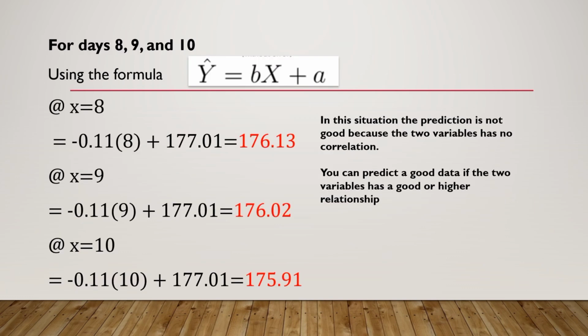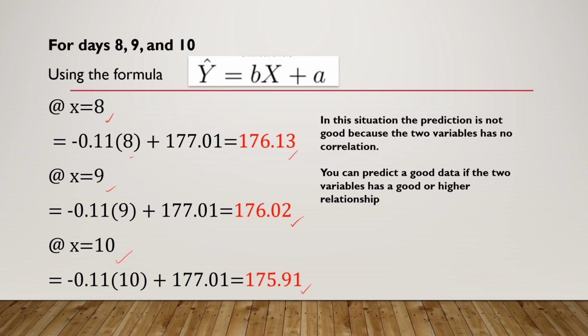Now we will use these values. Going back to the linear regression equation, solving for the y hat for days 8, 9, and 10, let's substitute all the data that we have obtained. For x equal to 8, we have negative 0.11 times 8 plus 177.01, so our y hat is equal to 176.13. For x equal to 9, we have 176.02, and for x equal to 10, we have 175.91.